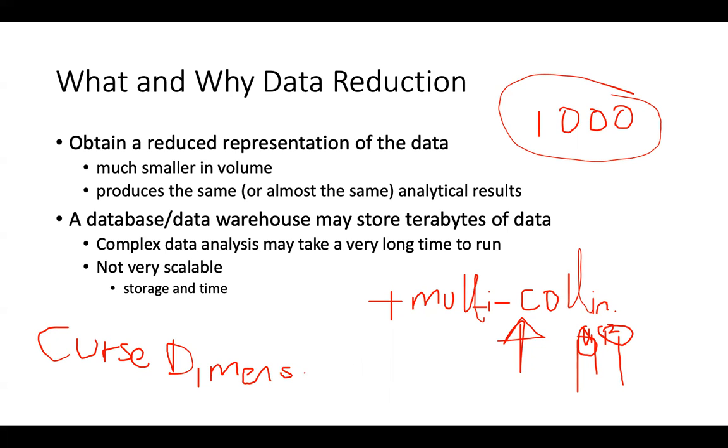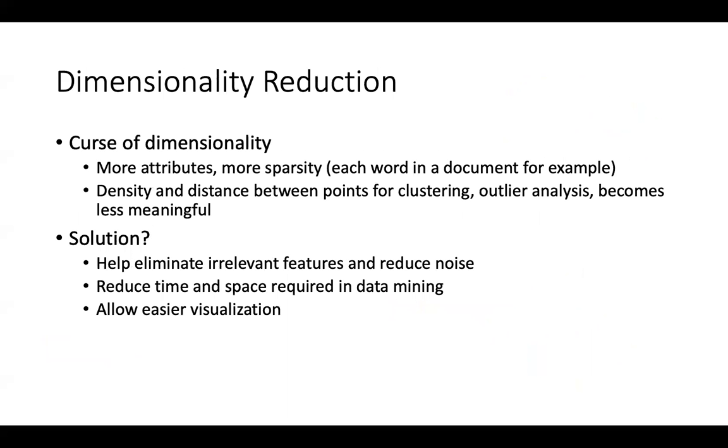Okay, now that we know what data reduction is and why we perform it, let's look at the curse of dimensionality. As I mentioned, in any algorithm, it will be very challenging to analyze 1,000 dimensions. The general idea here is that the more dimensions you work with, the less effective your computational or statistical techniques will become.